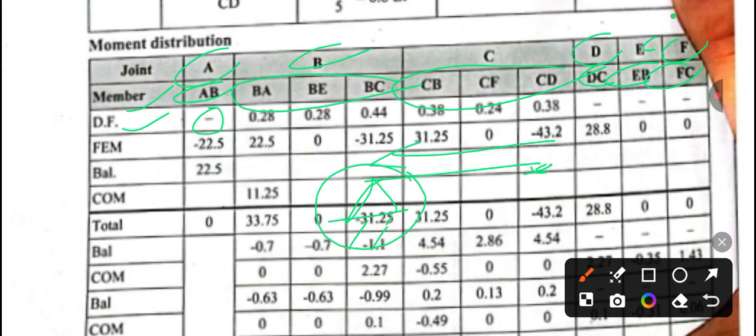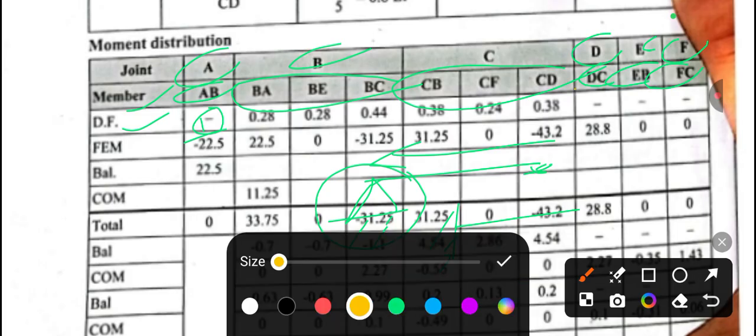And whenever the end support is fixed, we always take distribution factor 0. So as you know, we have three fixed supports, DE, EB and FC, so their distribution factor should be 0. So these three values will be 0. And for the hinge support we take distribution factor 1. So this will be 1, and these will be 0, 0 and 0.